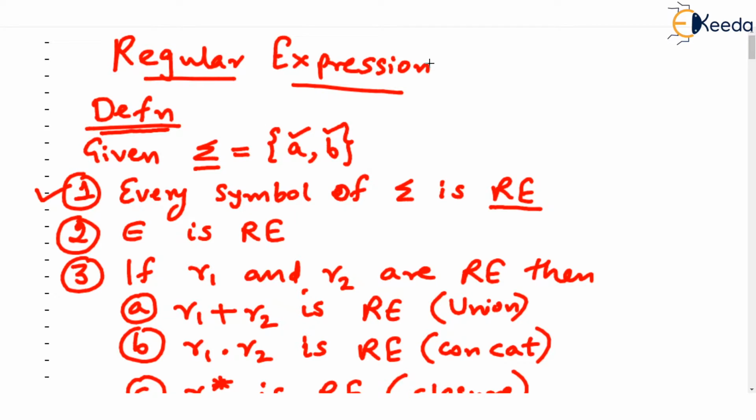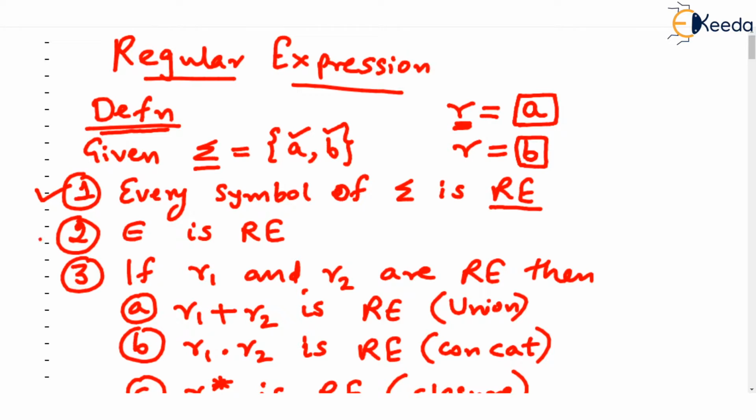That means if I have written one regular expression R, let's say R is just a symbol given for regular expression, and suppose I say R is A, then this is a regular expression by itself. Or if I say there is a regular expression B, then this B itself is a regular expression because the first point says every symbol of sigma itself is a regular expression.